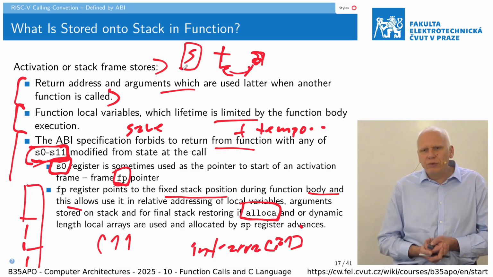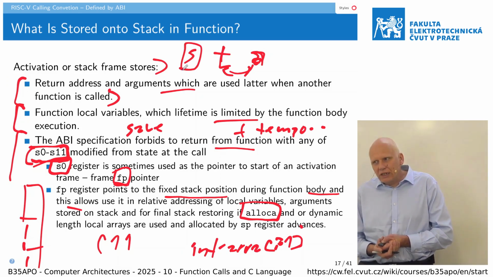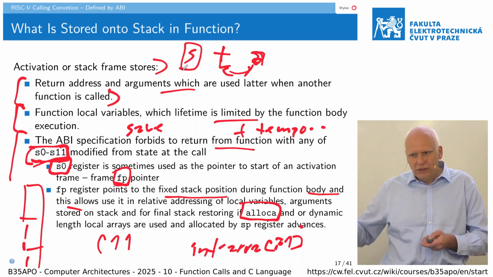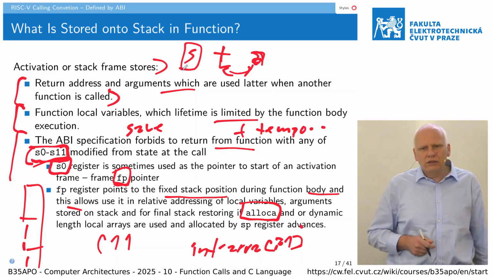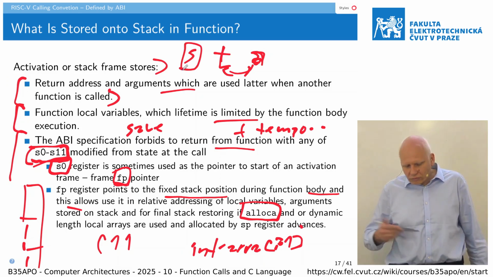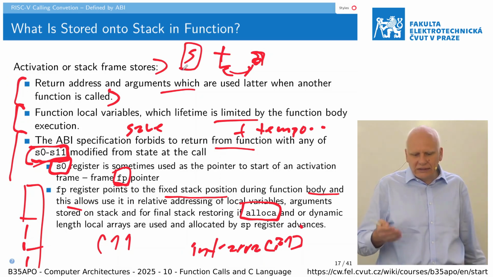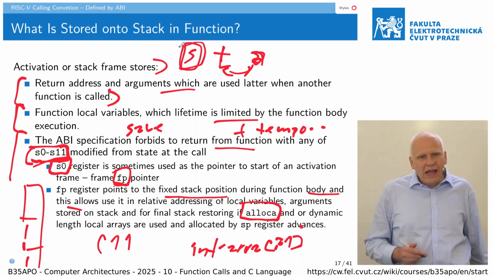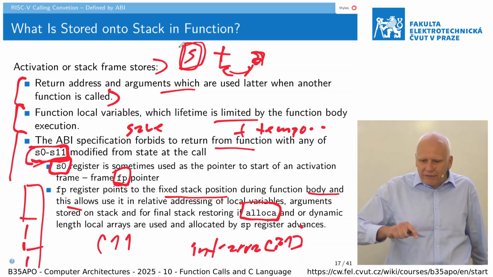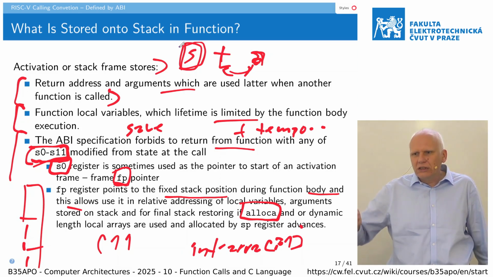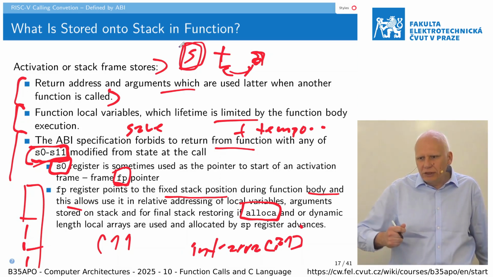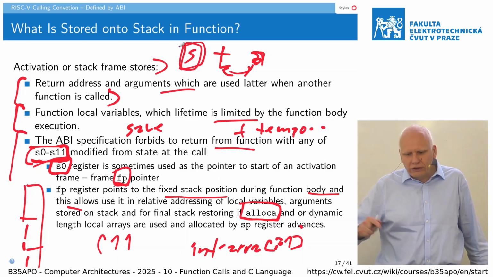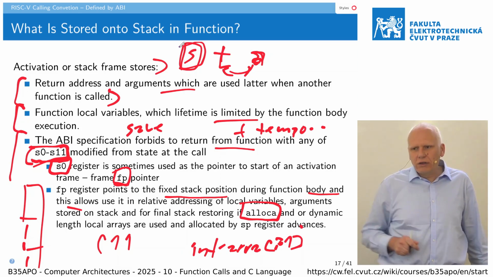So for example, if you have some loop counter in some for cycle in which you call other functions, then in this case you can store your loop counter in one of the S registers, and you do not need to save it before each call of the subroutine to memory and then restore it, because you know that the function which you call, some other callee, will not overwrite your value.